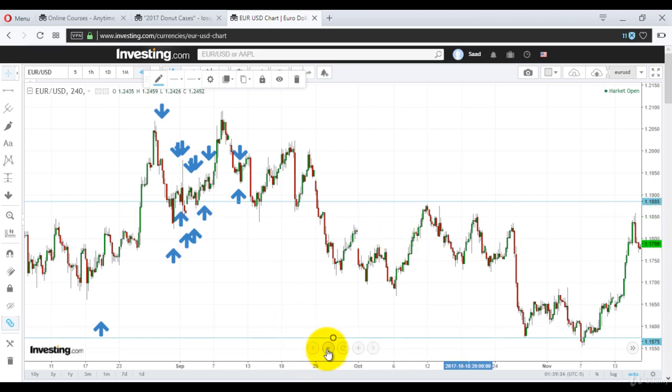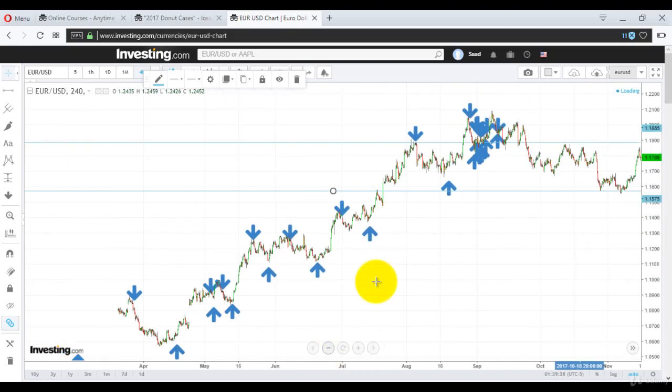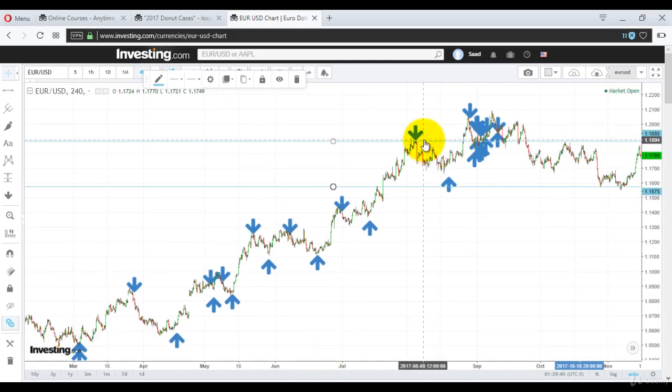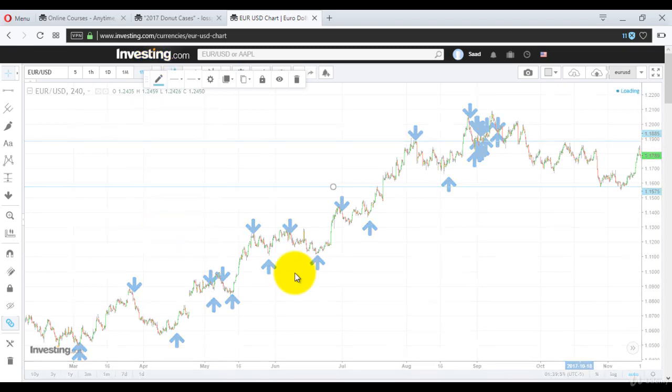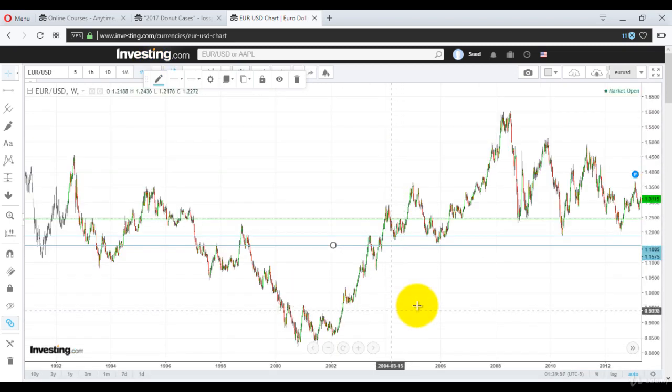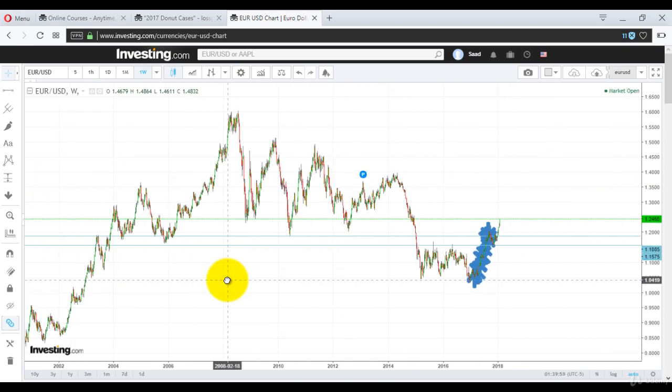Now, let me zoom out and tell you, till August we followed the daily plan where we were all bullish. And then eventually it was a lower plan. After that in this intraday chapter. But if I move to the weekly chart, we were in 2017 right here.